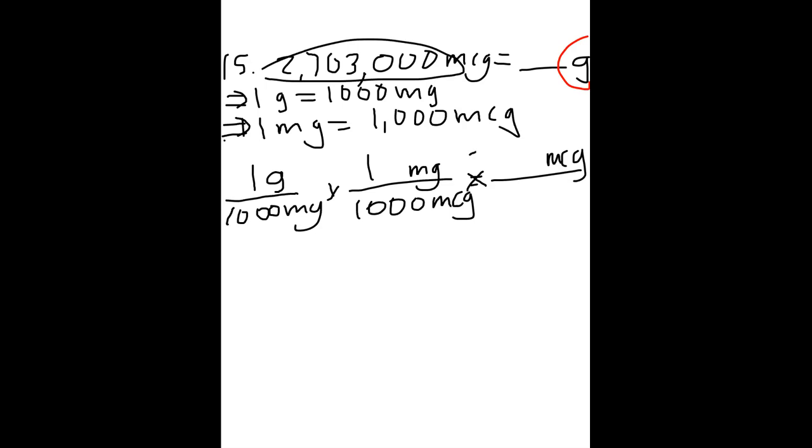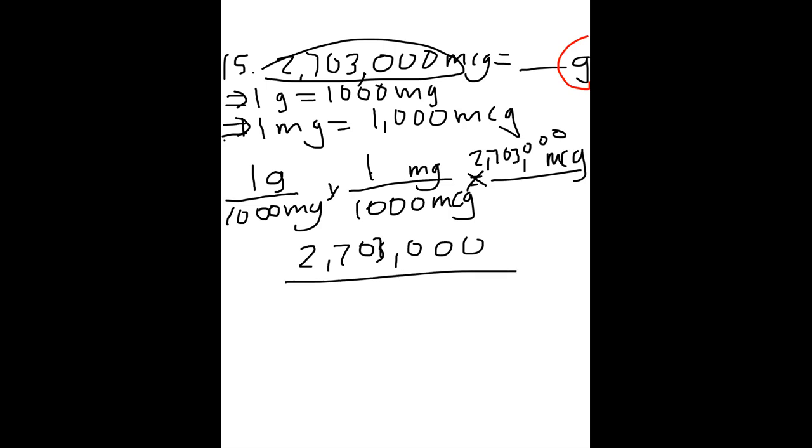Okay, so we're going to put 2,703,000. So 1 times 1 times 2,703,000 micrograms, so that goes on top, divided by 1,000 times 1,000, which goes 100,000.